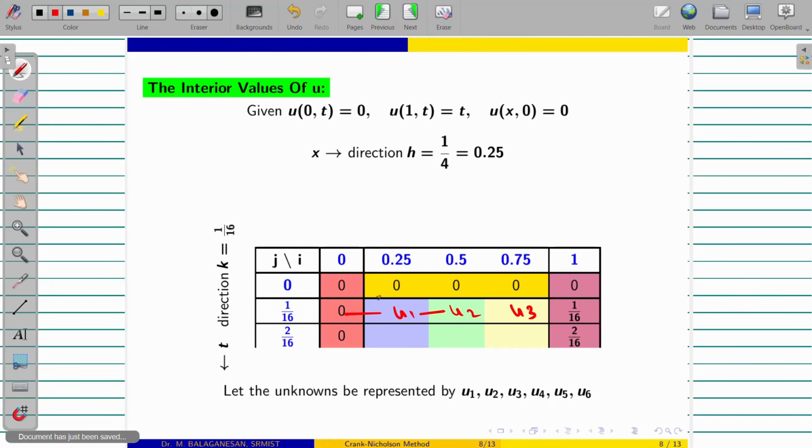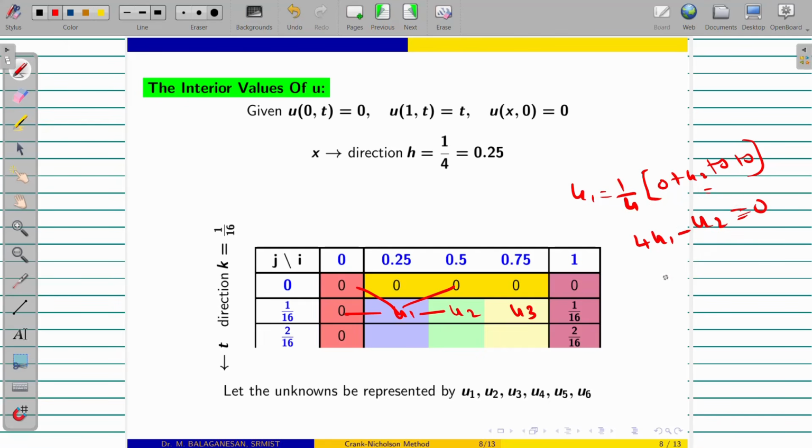This plus this plus this divided by 4, the average of those 4 values. So u1 equivalent to 1 by 4 into 0 plus u2 plus 0 plus 0. So what can I get? 4u1. Take 4 this side. This u2 is on the right hand side. Take it to the left hand side. 4u1 minus u2 equal to 0.